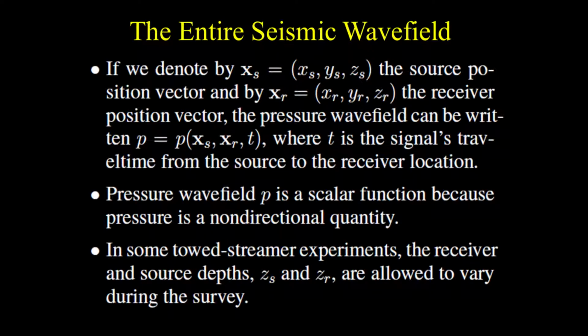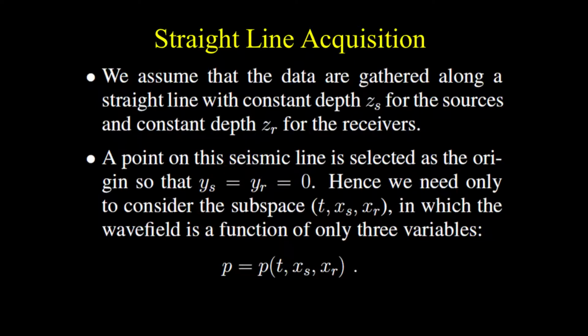In some towed streamer experiments, the receiver and source depths Zs and Zr are allowed to vary during the survey. We assume that the data are gathered along a straight line with constant depth Zs for the sources and constant depth Zr for the receivers.